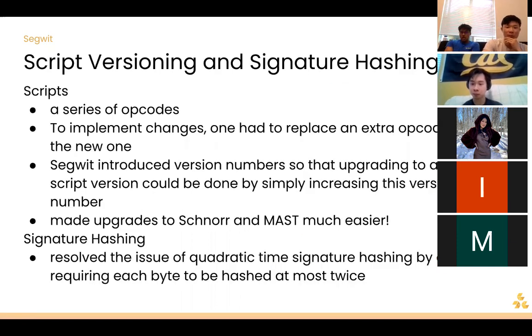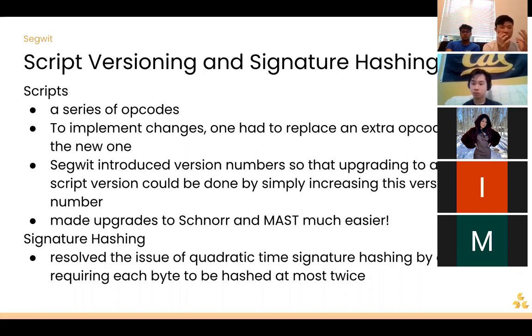With script versioning and signature hashing, these were more minor changes, I would say, but also very important. With Bitcoin scripts, the way they were updated previously was that the opcodes that make up a Bitcoin script, there are about 10 to 20 opcodes.